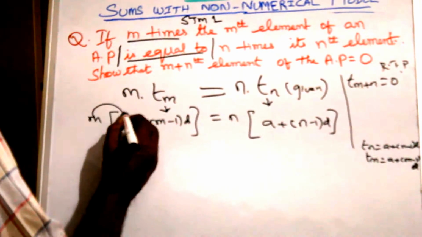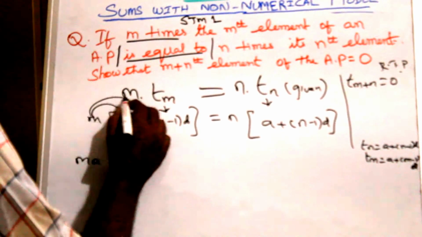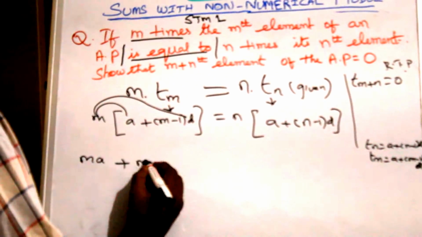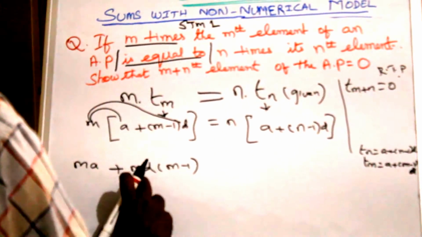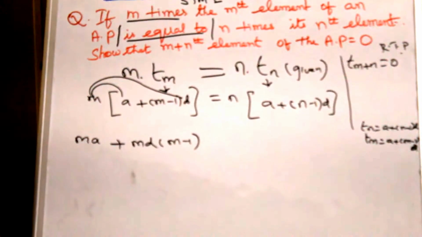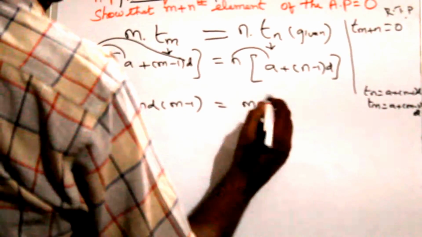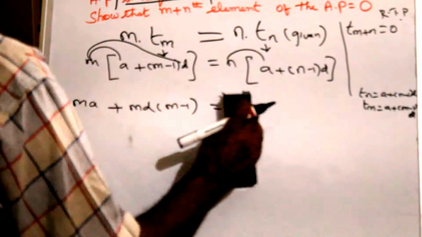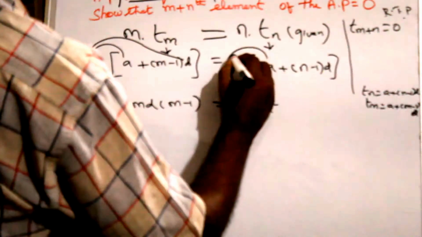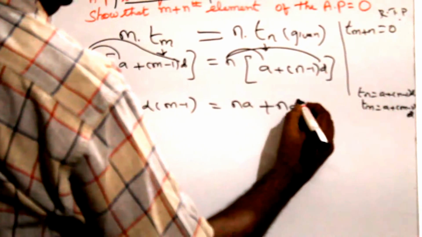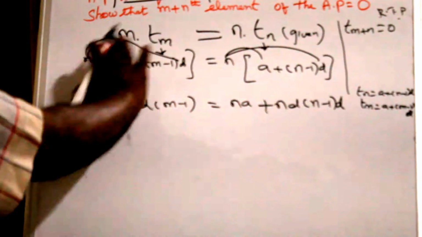You multiply, you get ma plus md into m minus 1. You multiply m and d first and put m minus 1. Similarly you get na, not ma, you get na, and the last one you get is nd into n minus 1. It is simple expansion.